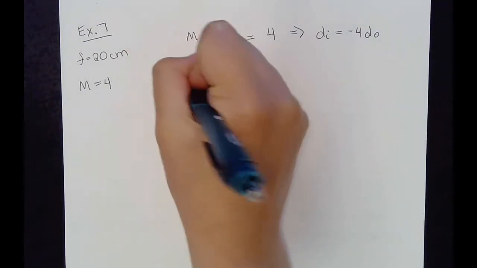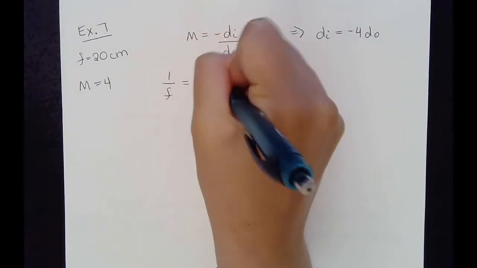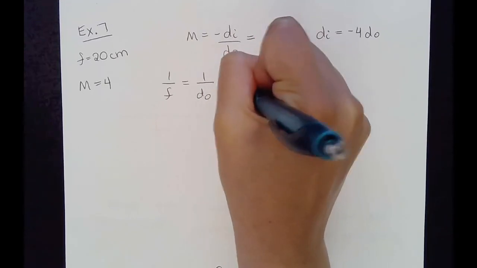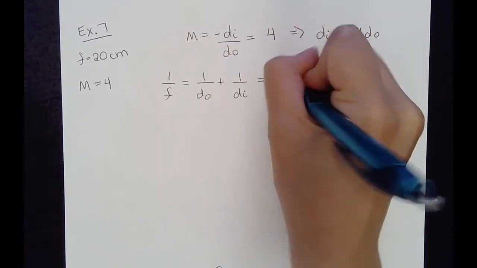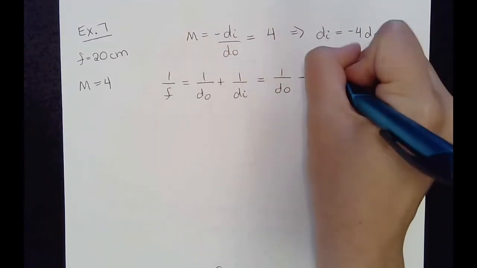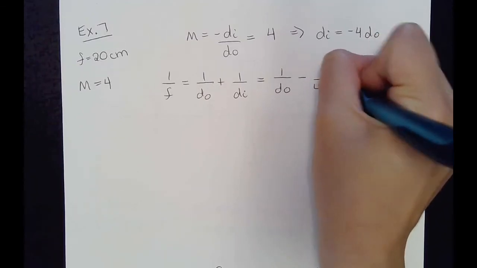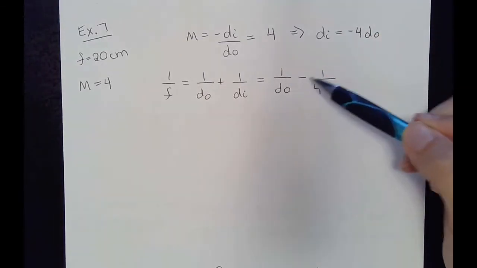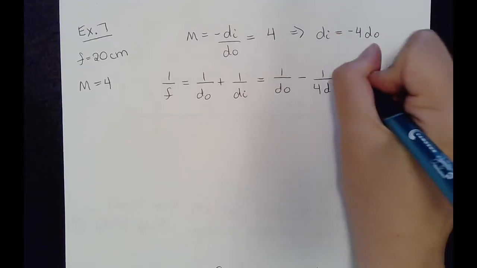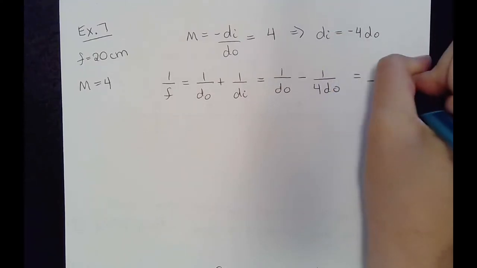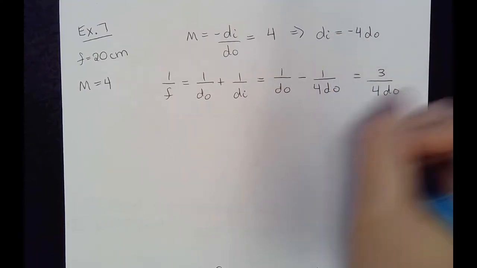So then 1 over f equals 1 over do plus 1 over di, which will be 1 over do minus 1 over 4 do. So we have 1 minus a quarter, which gives us 3/4, 3 over 4 do.